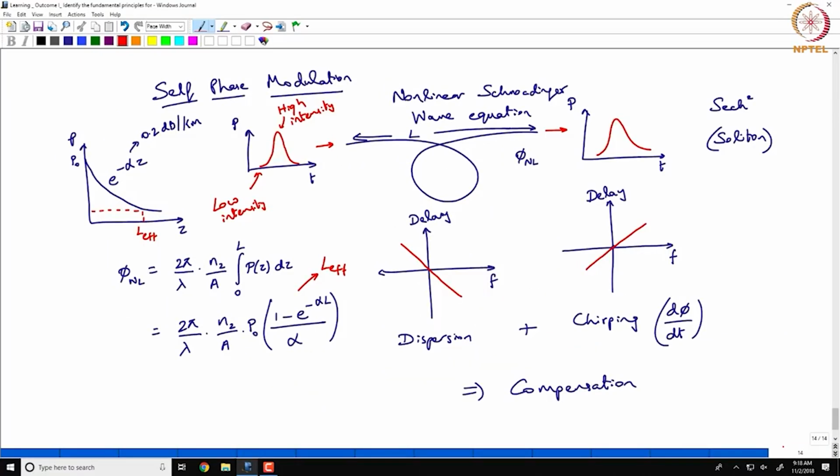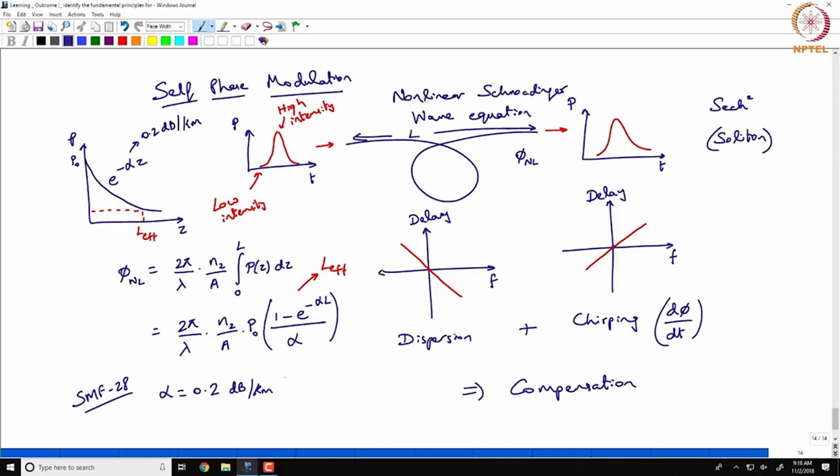You have gone to such a long distance. So if you want to compute what L effective is for a given fiber, let us take the case of your regular single mode fiber. SMF 28 is a regular telecom grade single mode fiber. For SMF 28, alpha is 0.2 dB per kilometer.